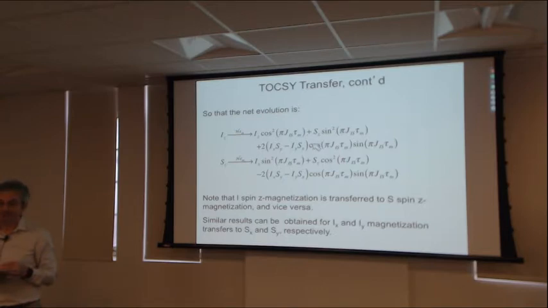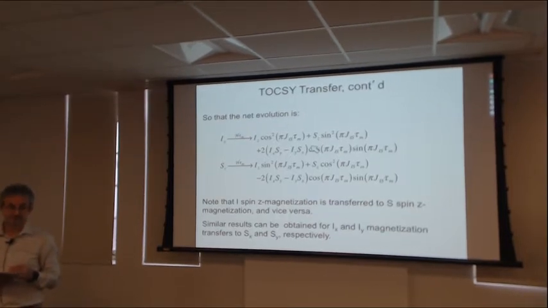What's the line shape going to be? Absorptive or dispersive? The absorptive, and in fact, both the diagonal and the cross peaks will be absorptive. And then, what about the multiplet structure?